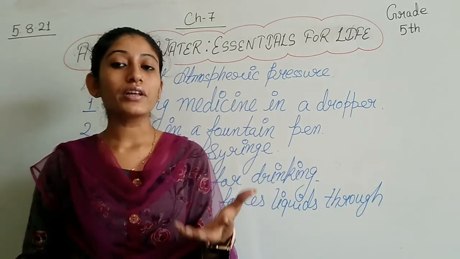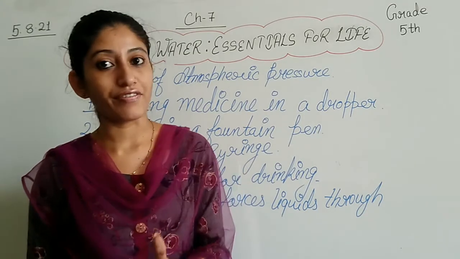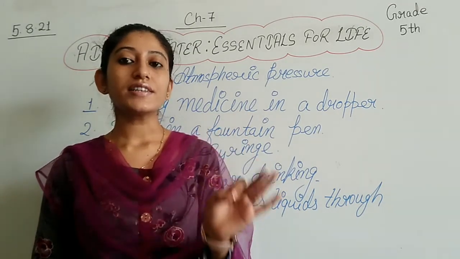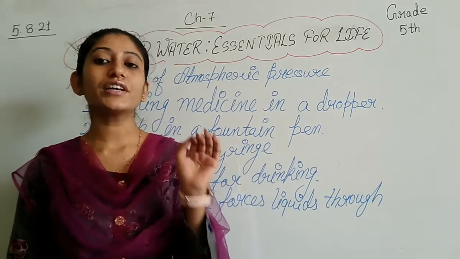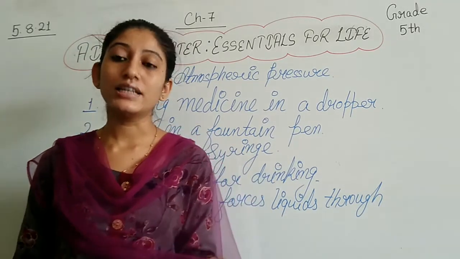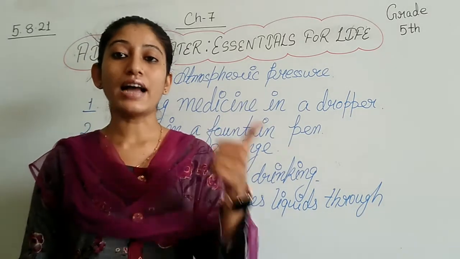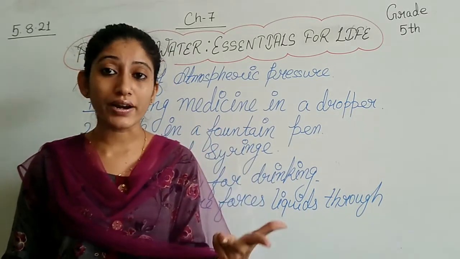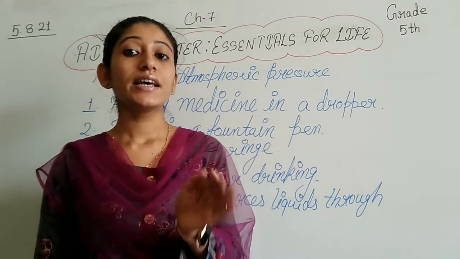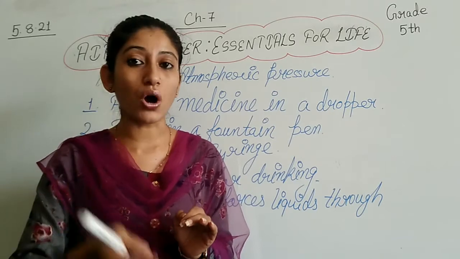Before going through it, first of all, we must know what a siphon is. A siphon is a tube which is made up of glass, metal or rubber, and it has one arm long and another arm short.